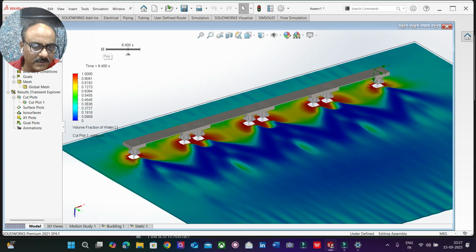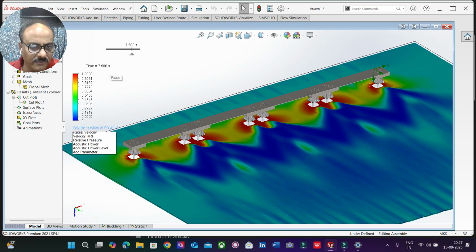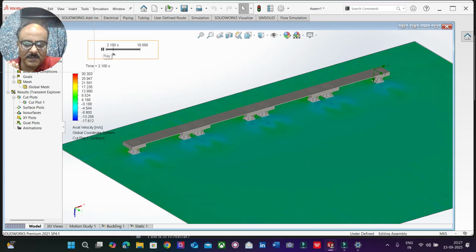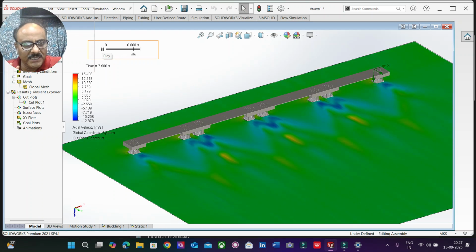Now let's try to find out the axial velocity. This is exactly what we'll be looking for when we are studying the members, the structures.